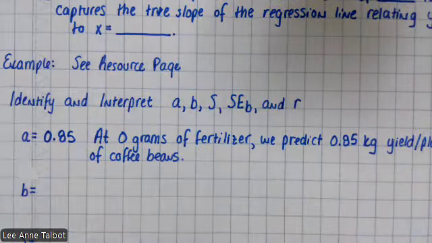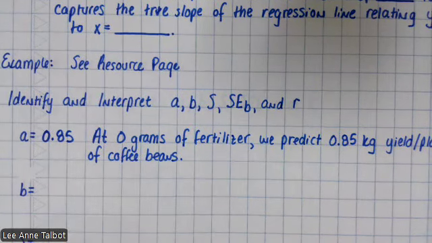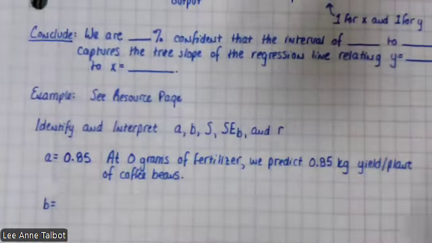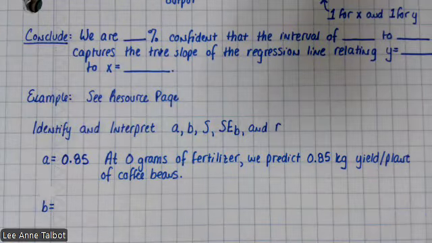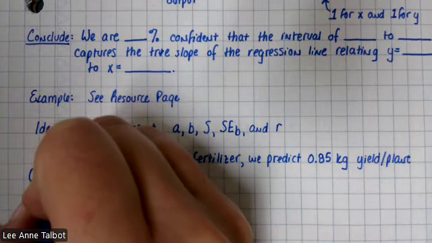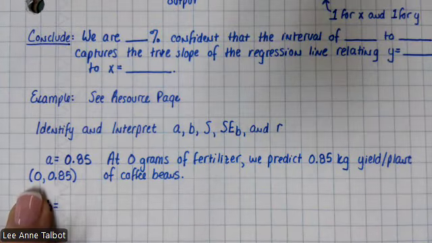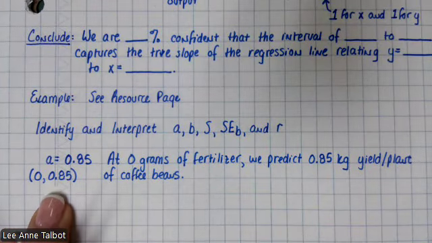We did not read the problem properly as we should have, but this problem is about coffee beans. That's why they spilled coffee on it. Anyway, it's very silly. And you could think about the y-intercept being the coordinate 0, 0.85. So at 0 x, we predict 0.85 y.